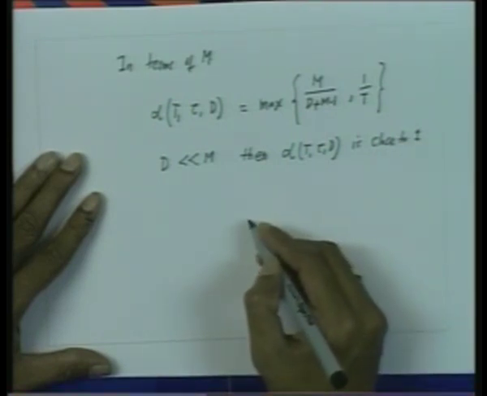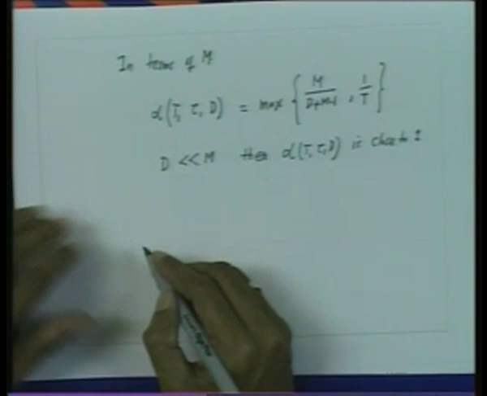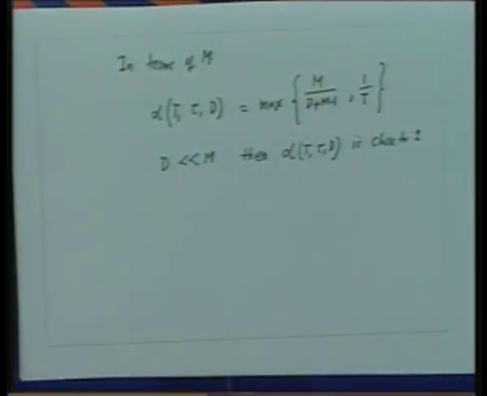So you can see actually that the effective bandwidth of a traffic source increases if the delay requirement decreases. As the delay requirement goes down, the effective bandwidth increases. On the other hand, if the delay requirement increases, then the effective bandwidth decreases.